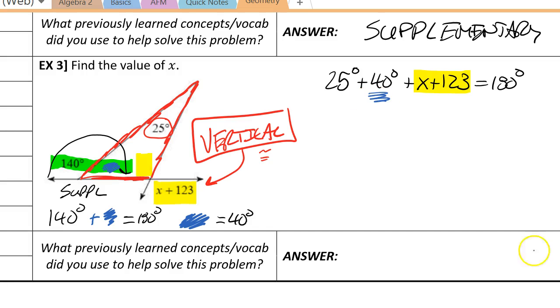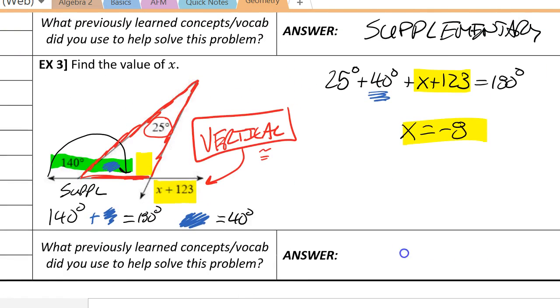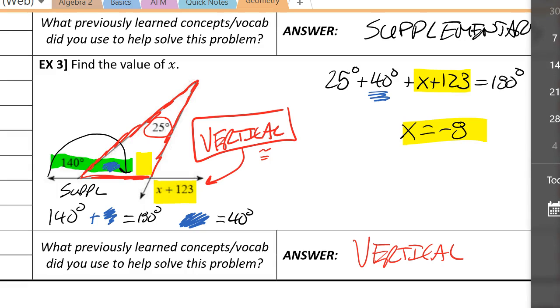Simply solving this down, we would get a value of x equal to -8, and that would be my answer. I would like to point out that x in this case is just a variable as opposed to being an actual degree angle measure, so we're allowed to get a negative value in this particular answer. Once again, vertical angles helping us solve this particular triangle example.